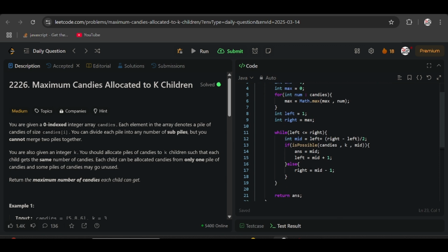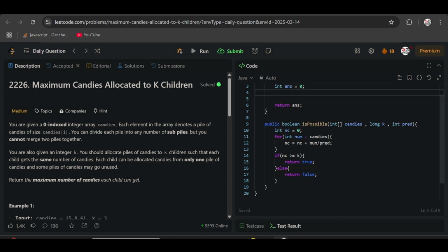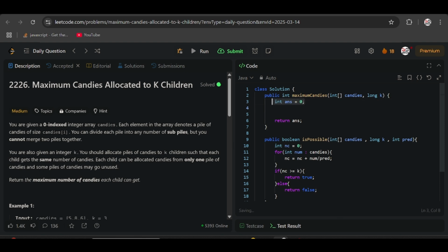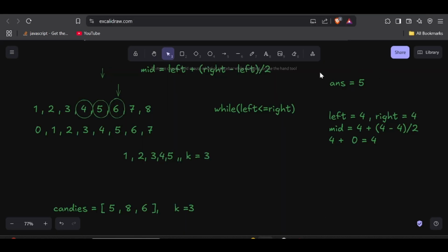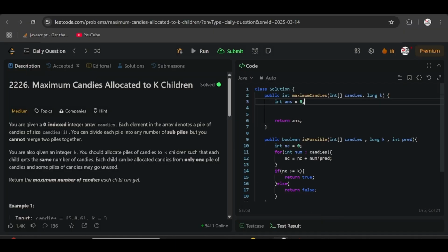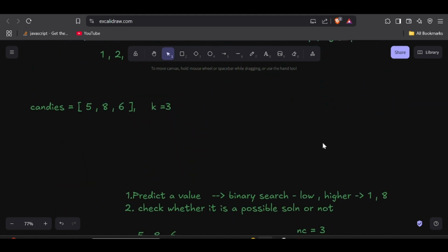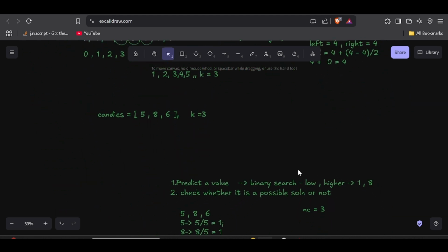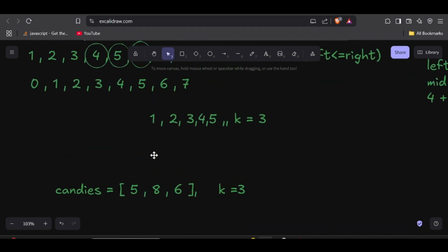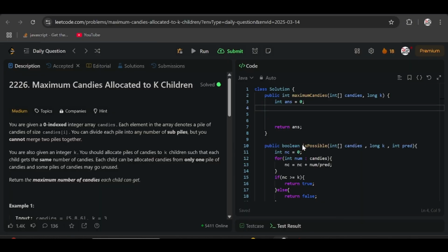So let's remove this. So we will be taking a variable answer. This is the answer which we will be returning at the last. Now, first of all, what do I need? I just told you that we need the maximum element of an array. First of all, let's find that out.